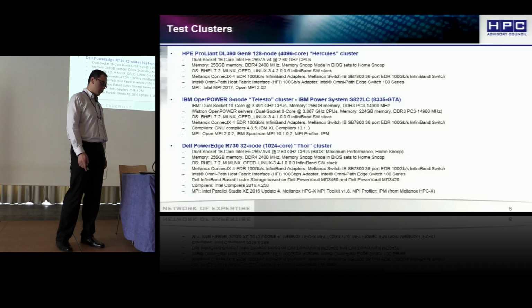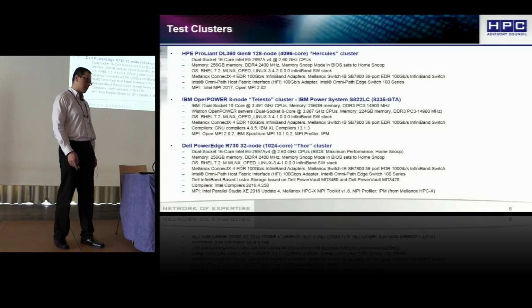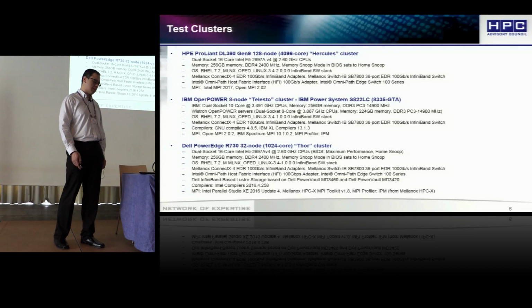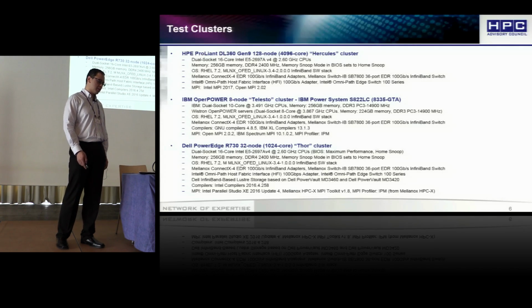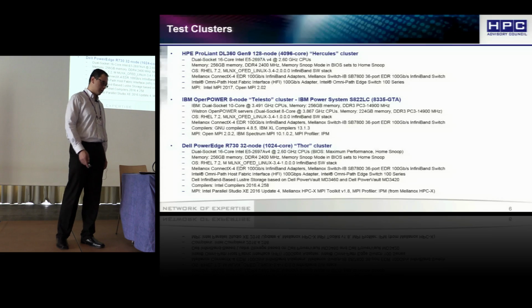The second cluster is IBM Power 8 based, the Firestone cluster. The third one that we also show in comparison for the last two applications is also based on an Intel cluster, the 32 node Broadwell.